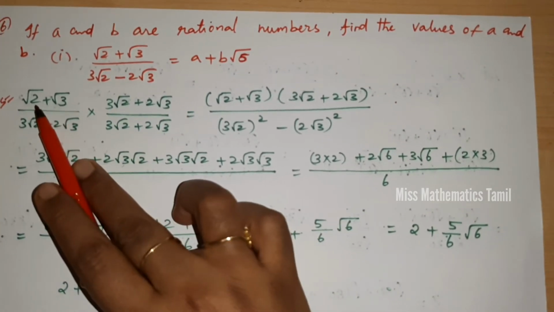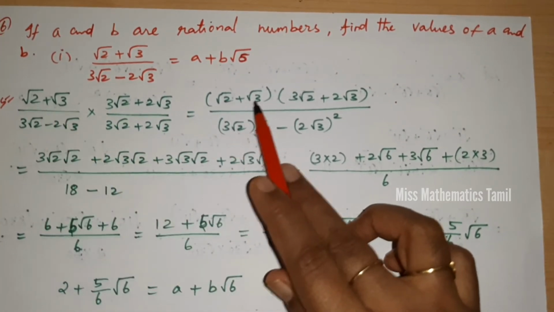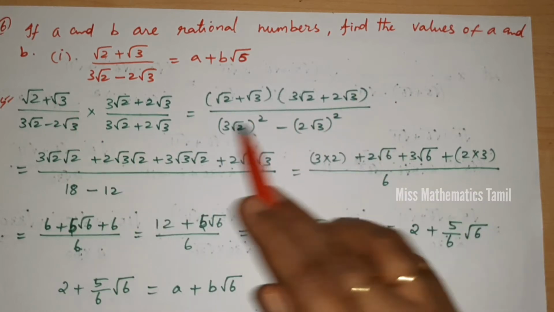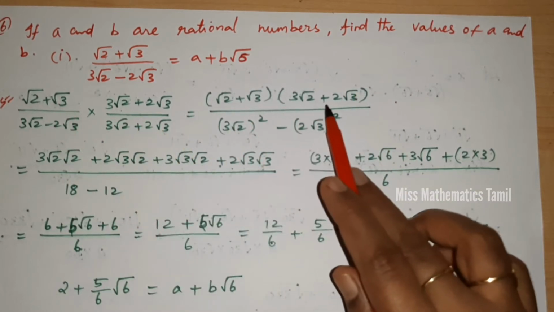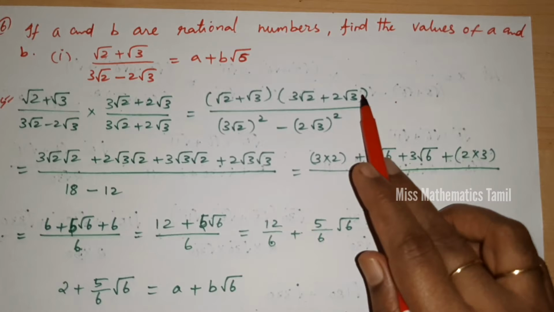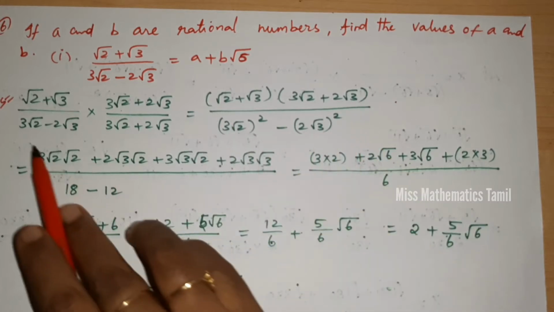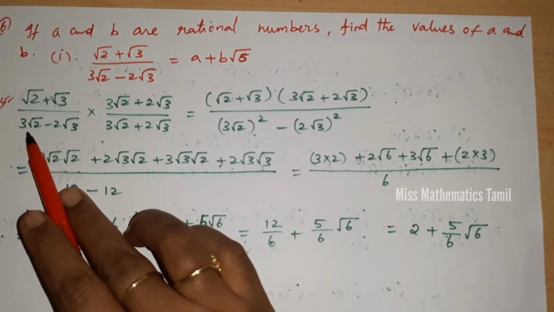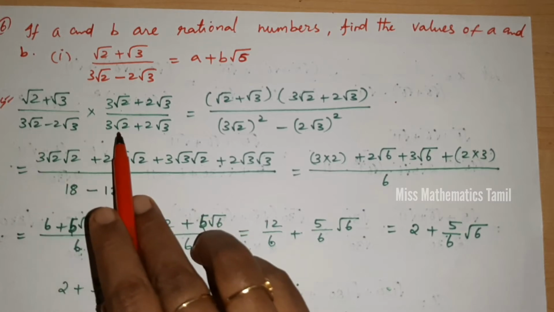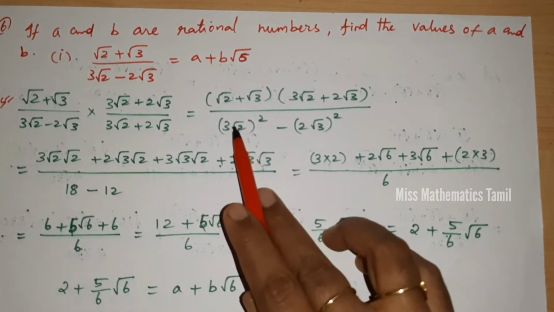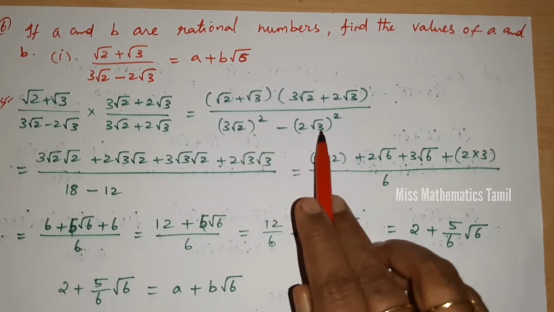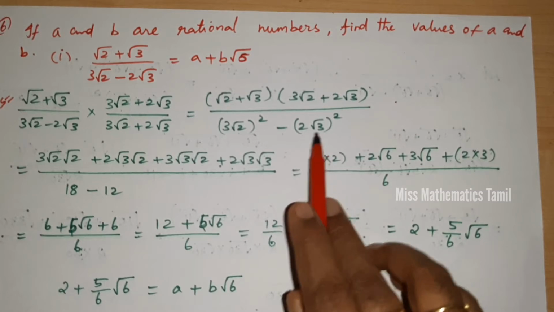So the numerator is (root 2 plus root 3) into this portion (3 root 2 plus 2 root 3), right? Next, in the denominator, what is the identity? (A minus B) into (A plus B), so that A square minus B square I am writing here. Okay.